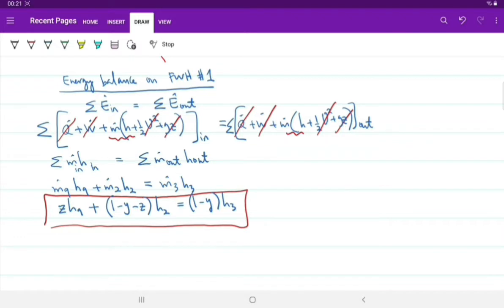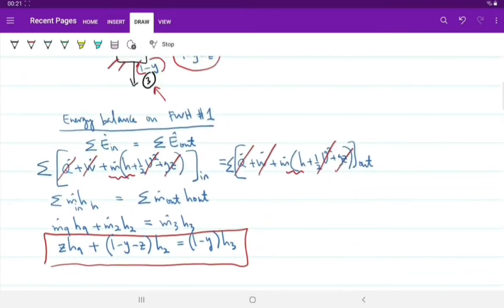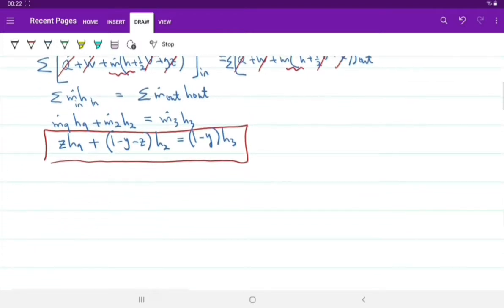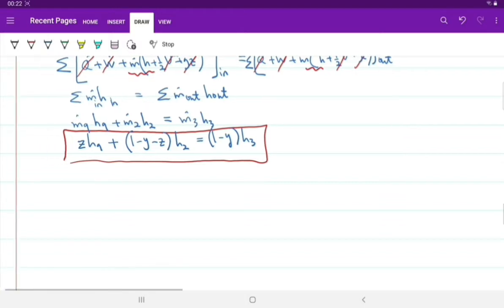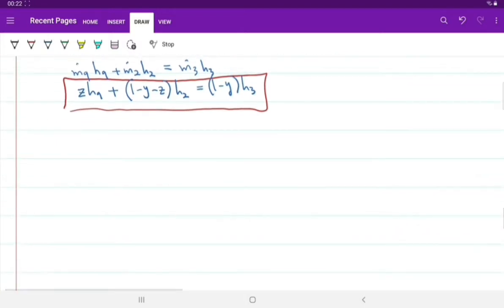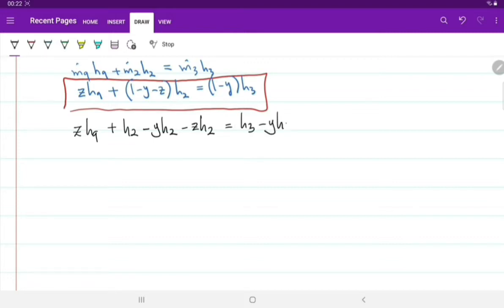So this is the equation to find Z. If I elaborate this, let's say you have Z H9 plus H2 minus y H2 minus Z H2 equals H3 minus y H3.